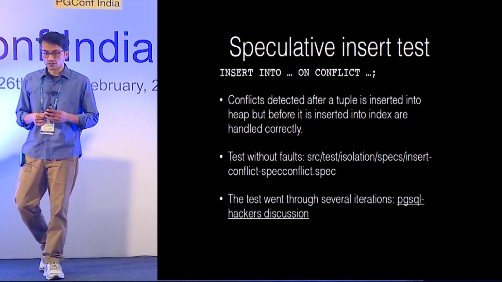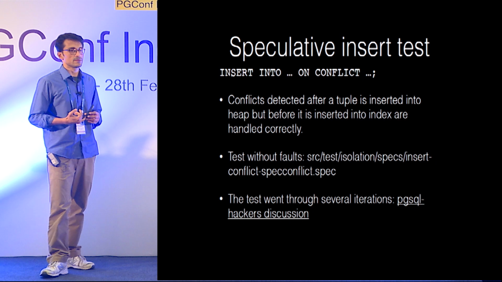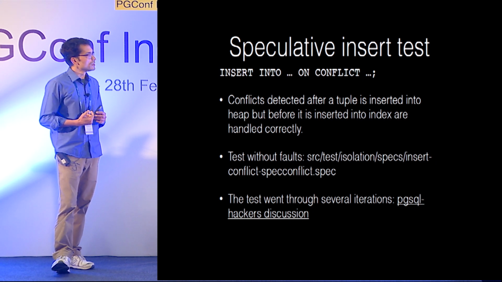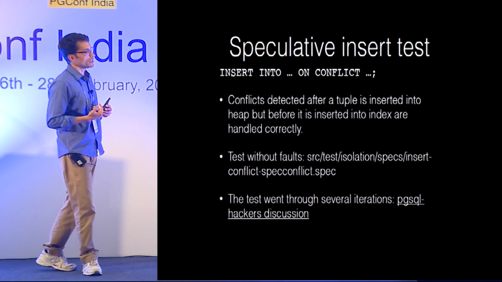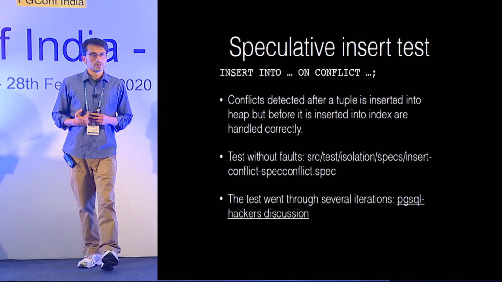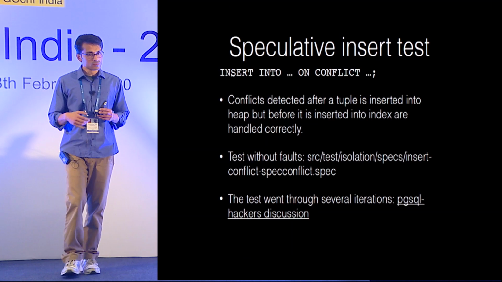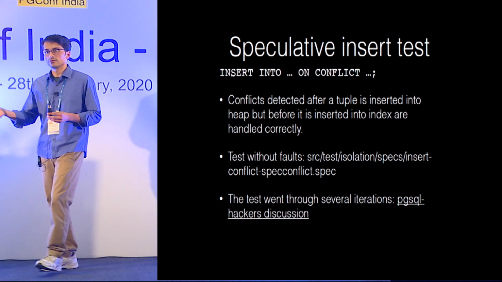The first test that we are going to write is a speculative insert test case. You have seen this insert into on conflict command, right? Have you used this before? Insert on conflict allows you to do some other action if there is a constraint violation during insert.